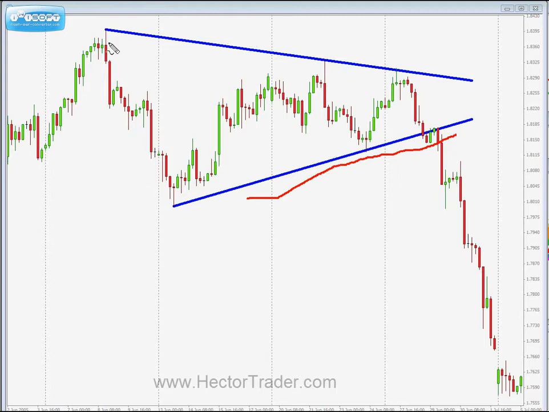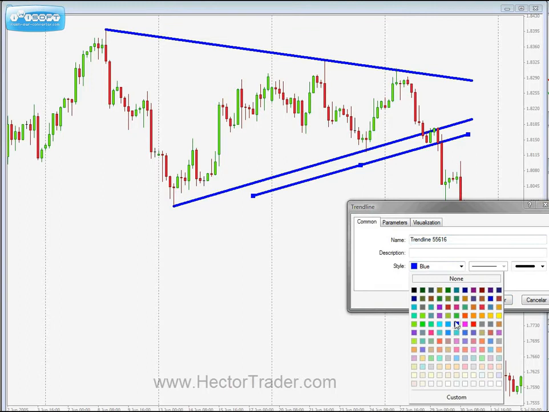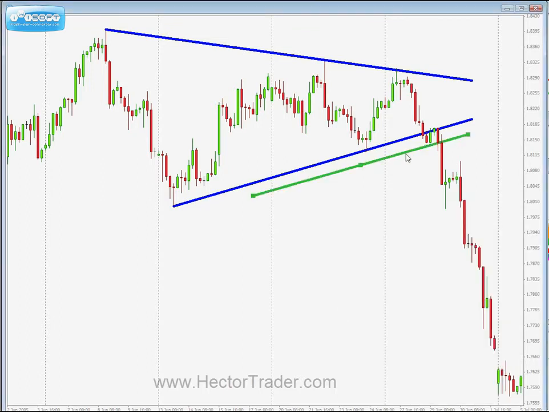In this case, only the lower end of the triangle, as we are only trading in the direction of the main trend. We would basically place a sell stop order, which I am marking right now. Let's mark it, let's say, in green. Okay, in our broker we would place a sell stop order a few pips below the triangle bottom, let's say 10 pips, 20 pips, depending on the time frame.